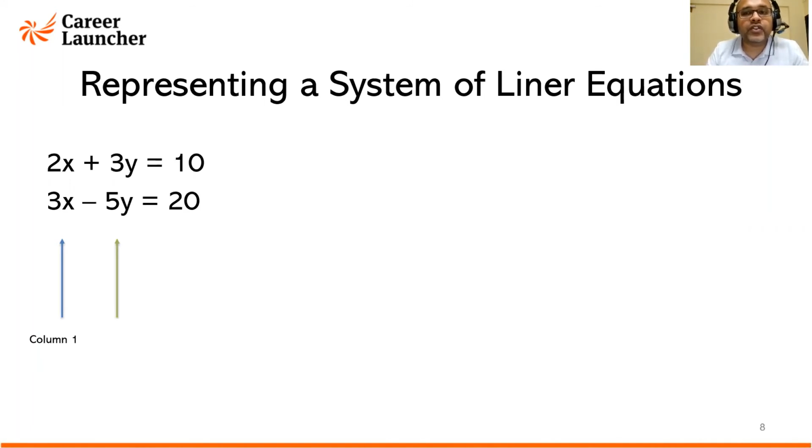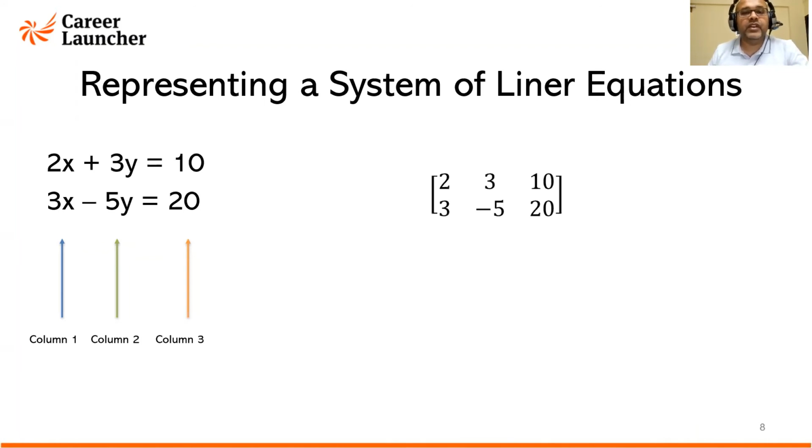The coefficients of y, including the positive or negative signs, will become the second column in your matrix. The constants on the right hand side become column number 3 in the matrix. So effectively your matrix becomes like this: 2 and 3 the first column, 3 and minus 5 the second column, 10 and 20 the third column.